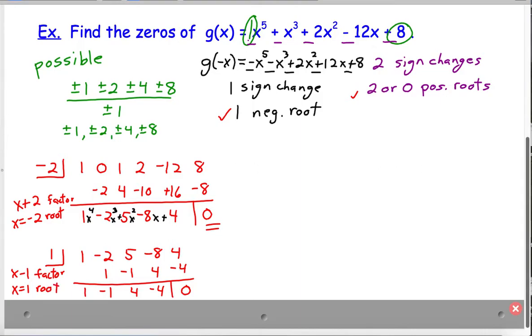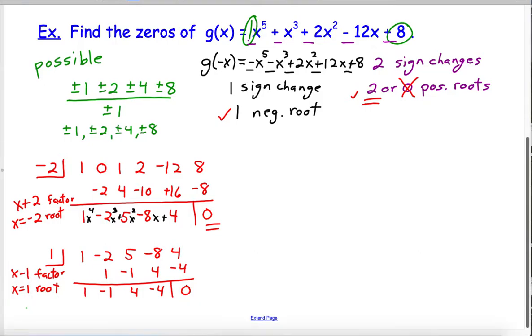Okay, so I found 2 of the zeros. Now that I found one positive root, I know that there's not 0 positive roots, so there has to be another positive root. So let's see where we're at. Let me move this over. So what I have down here is an x cubed minus an x squared plus 4x minus 4.